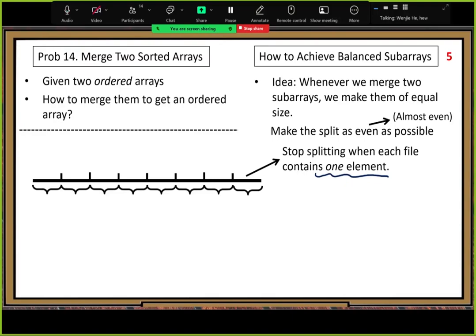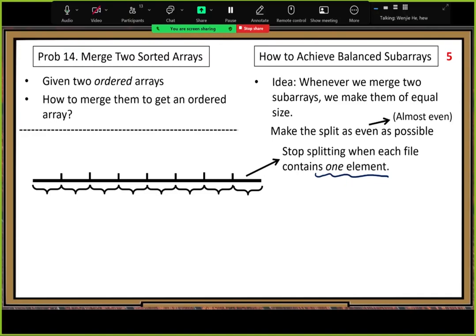In the last round, when each subarray has one element, now you are ready to merge. So now you need to go back. You need to merge adjacent ordered arrays, to combine those subarrays to get larger ordered subarrays.